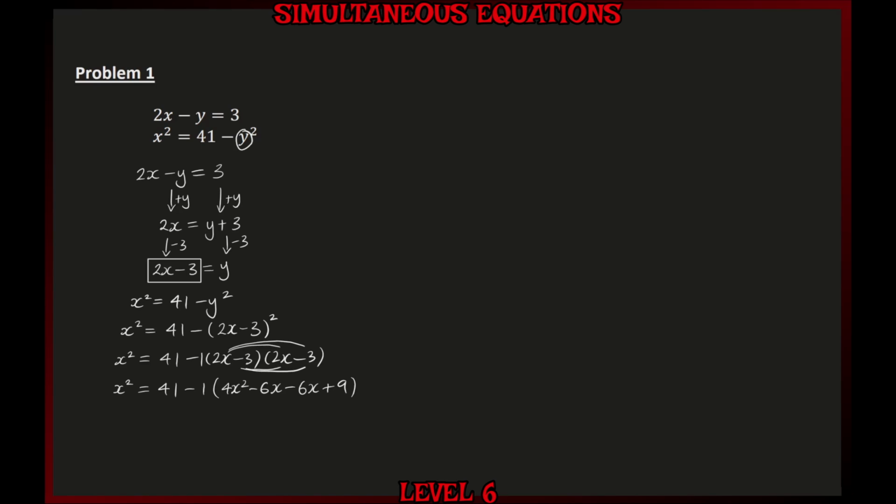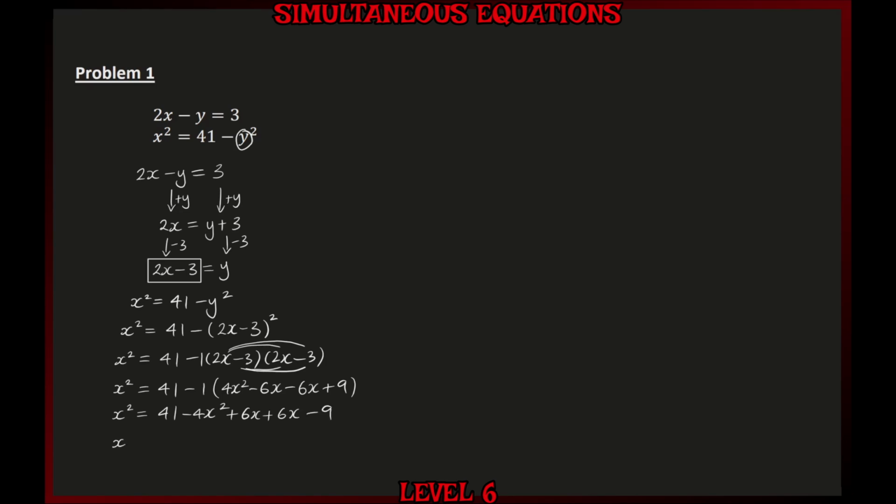We can now expand the final bracket, so we have x squared is equal to 41, and the minus 1 outside the bracket is going to multiply everything in the bracket by minus 1, and all this does is it changes the sign on each of the terms. So the 4x squared becomes a minus 4x squared, the minus 6x's both become plus 6x's, and the plus 9 becomes a minus 9.